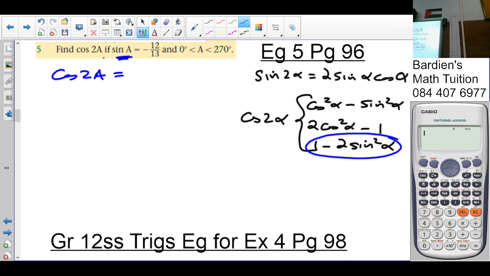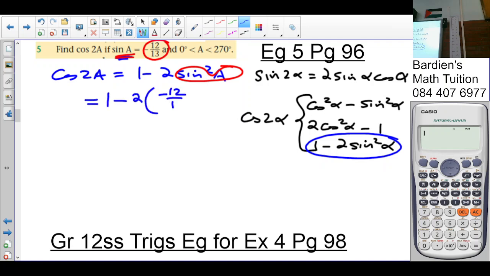So cos of 2a is going to be 1 minus 2 sine squared a. Sine of a is negative 12 over 13, so that's 1 minus 2 into negative 12 over 13, and it must be squared.